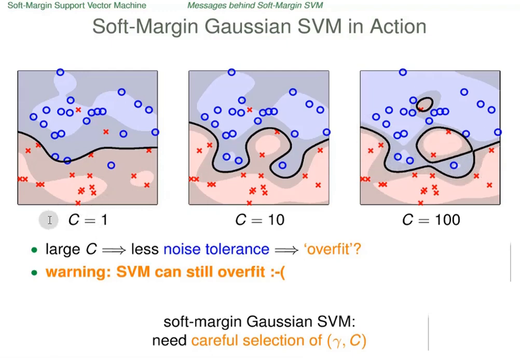If C is small, that means we can tolerate some amount of errors or noise while possibly getting a less complicated hypothesis with a large margin.